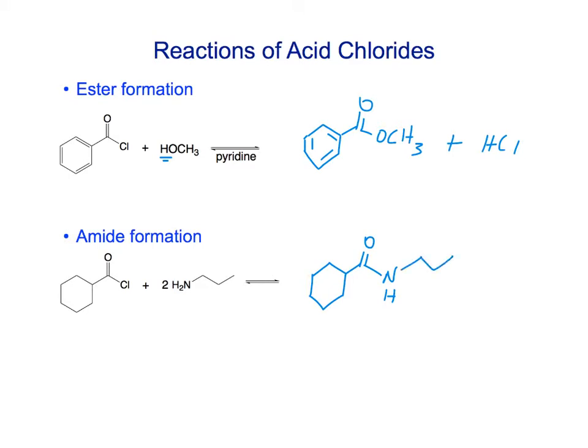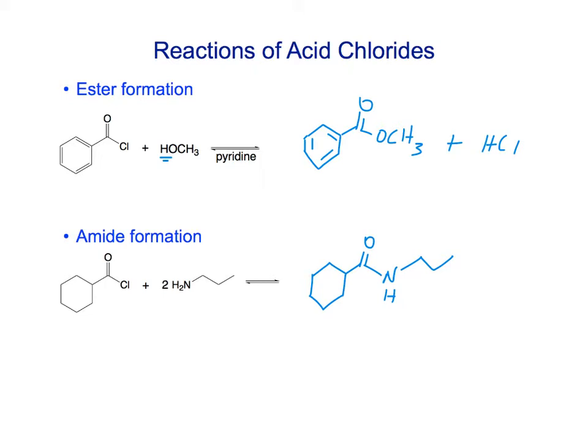In this case, we're not going to use pyridine. Well, we could, but we're not using it here. I show that we're using two equivalents of the amine. Why would we have to do that?